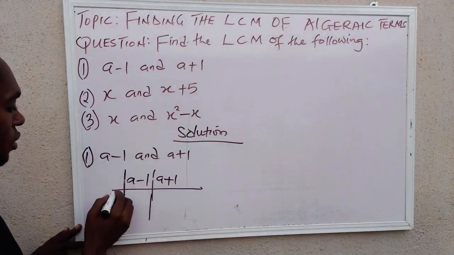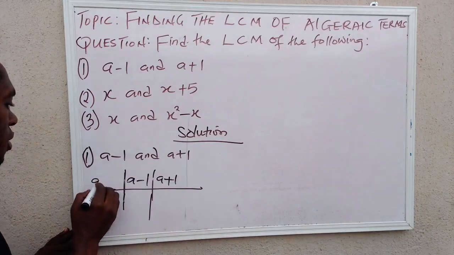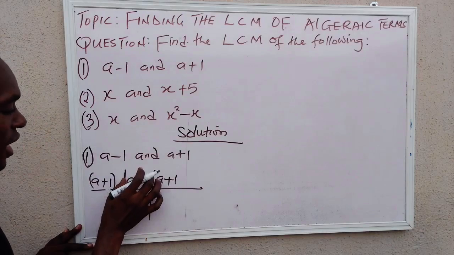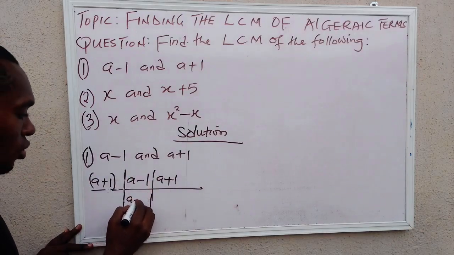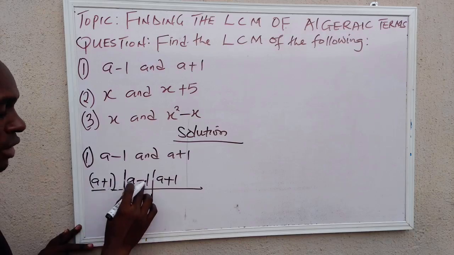So I'll pick the first one, a plus 1. Let's use this term. A plus 1 divides this? It cannot, so we'll repeat it, because this is plus and here is minus.